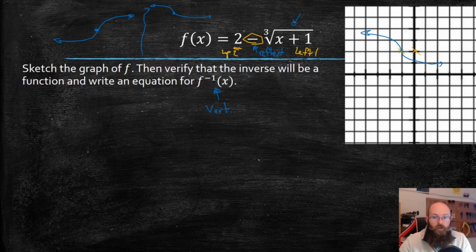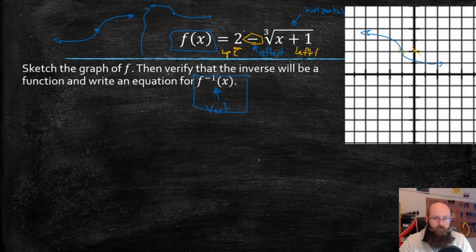So if my initial passes a horizontal line test, then the other one should pass a vertical. Everything's going to be backwards between these two. So for my inverse, if I need to pass a vertical line test, then for my original, I need to pass a horizontal line test. And does it? It does. Cool. So it probably will.